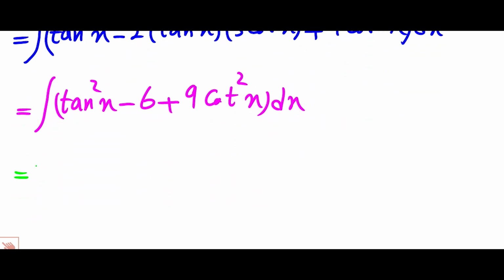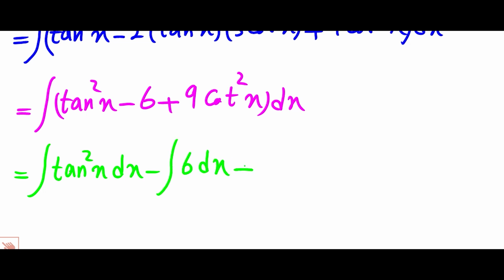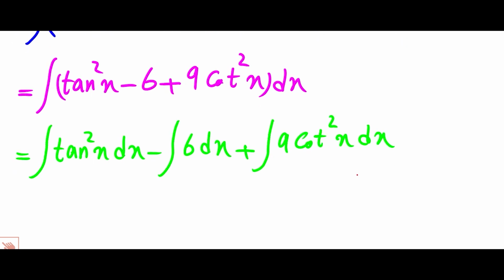So we have the integral of tangent squared x dx minus the integral of 6 dx plus the integral of 9 cotangent squared x dx, right?